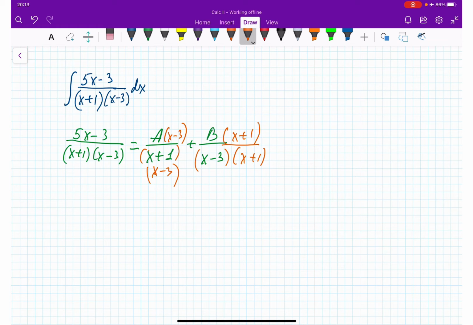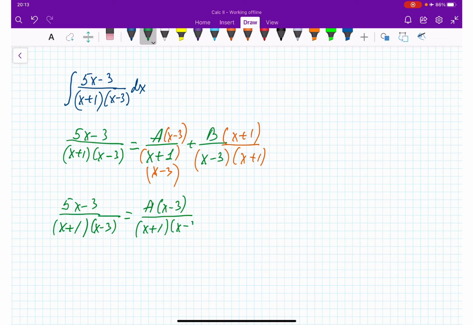And what do we get? We are getting 5x minus 3 over x plus 1, x minus 3 is equal to a times x minus 3 over x plus 1, x minus 3, plus b times x plus 1 over x minus 3, x plus 1.